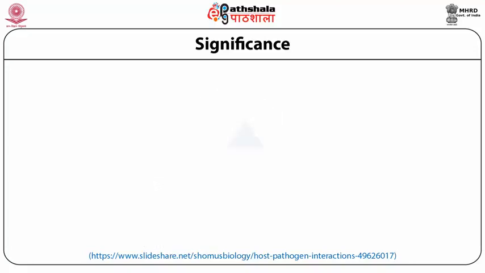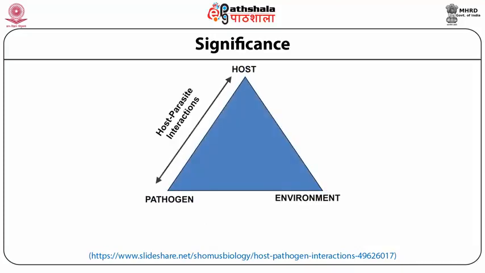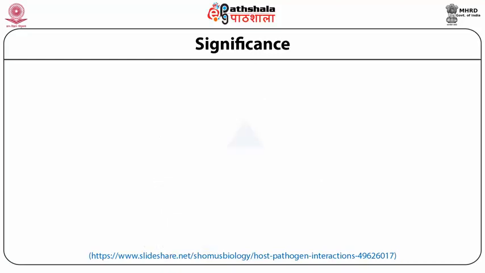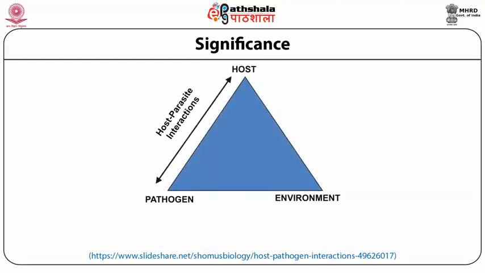In addition to this, interaction of pathogens with other microbes present in the neighborhood is also very important. How the pathogen is interacting with its neighboring microbes, whether its neighboring microbes are giving space to the pathogen for establishing infection, also determines whether the pathogen is able to cause disease in the host or not.